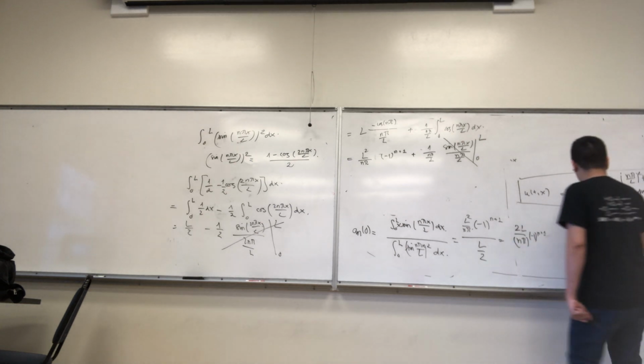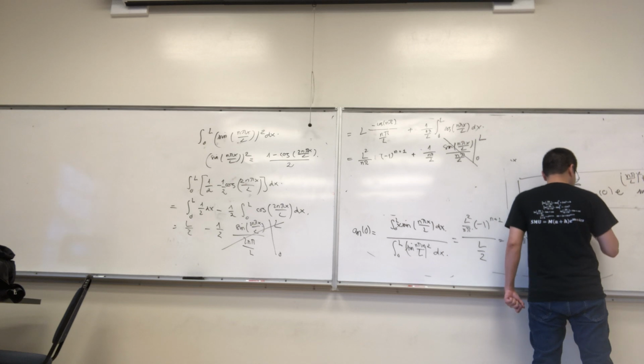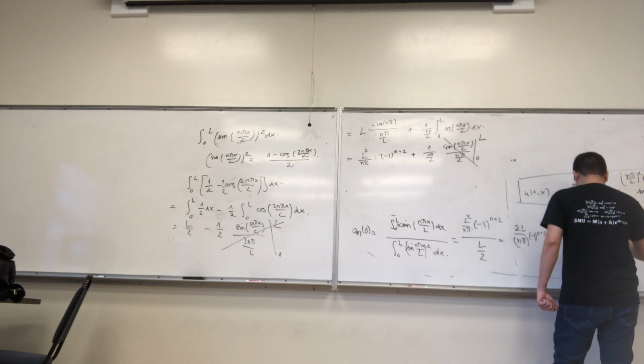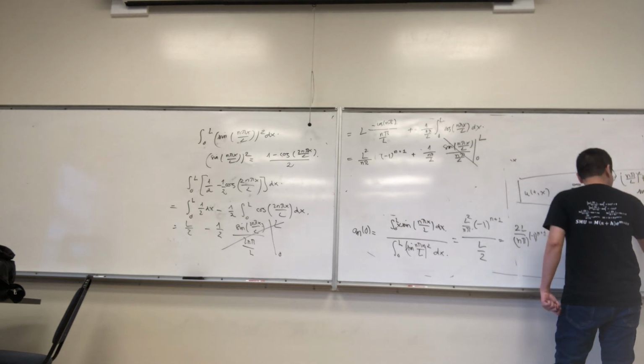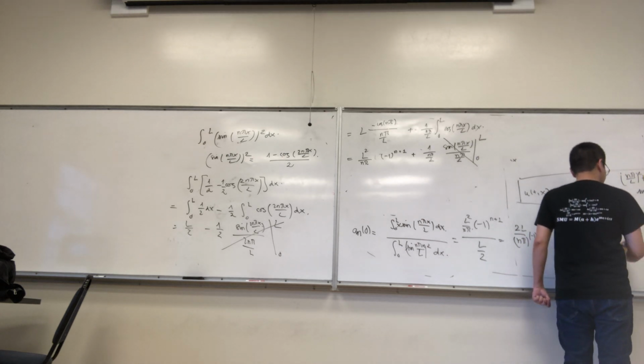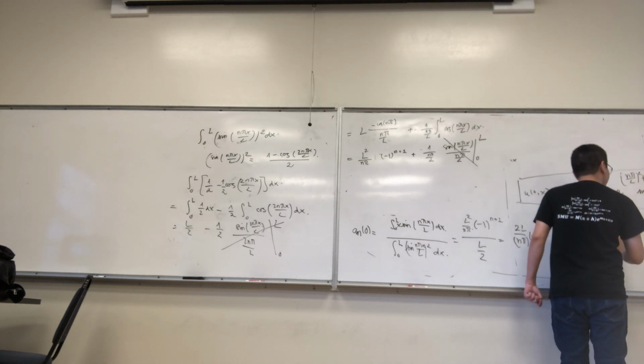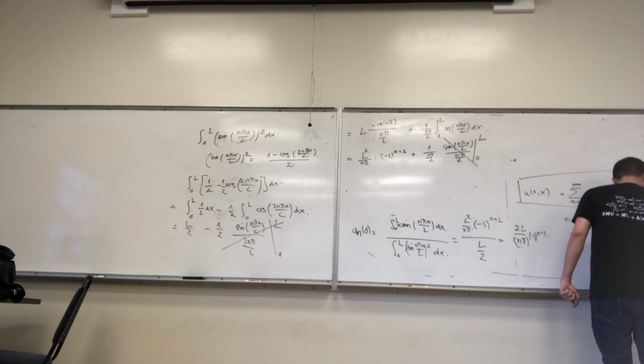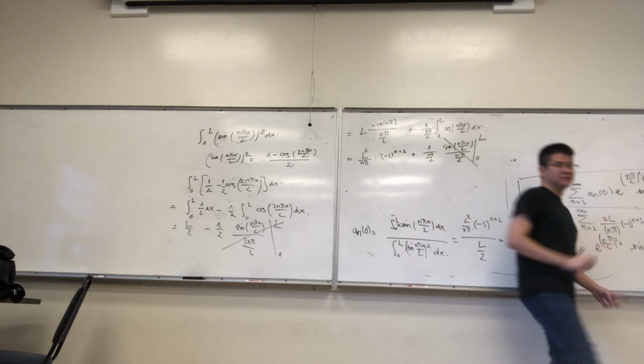So the formula that I have here will be the sum, with n going from 1 to infinity, of 2L over n pi times minus 1 to the n plus 1, times exponential of minus n pi over L squared t, times sine of n pi x over L. And this is the solution.